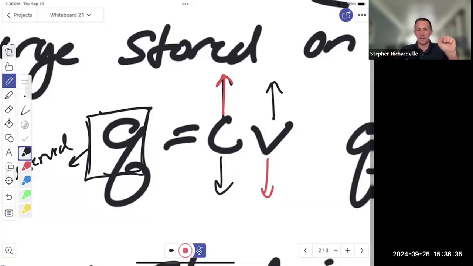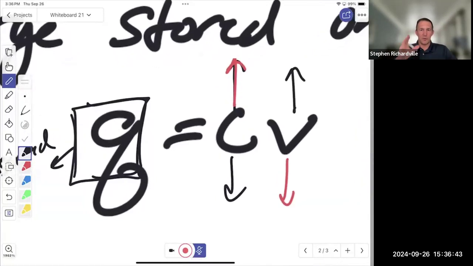Then the voltage may go up or down. Is that kind of okay? So you've got to think. I've seen questions that involve understanding the relationship between charge, capacitance, and voltage. So just be a little bit careful with these. Hopefully that little discussion will help you as you approach some of these.